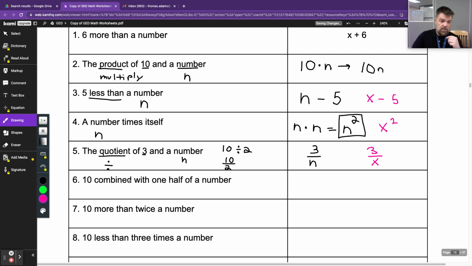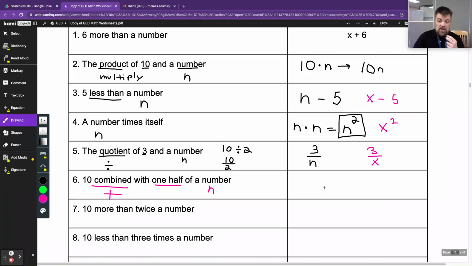We'll say 10 combined with 1/2 of a number. Well, that one's a little trickier. We don't know what the number n is, but we're being told to take 1/2 of it and combine it. Now, combine usually implies that you add the numbers.